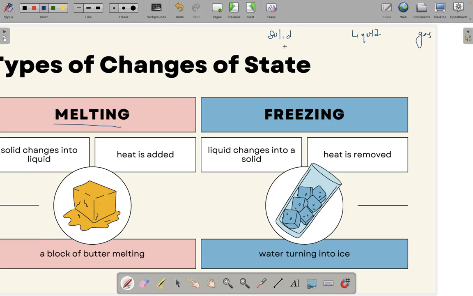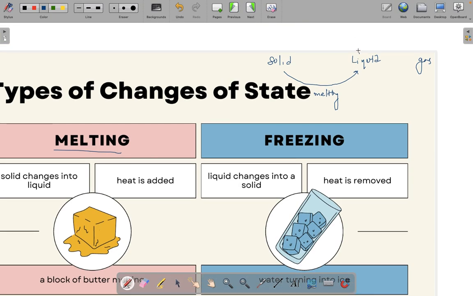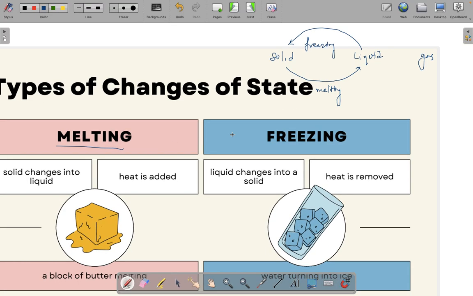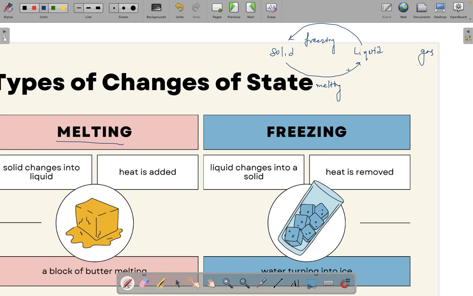Okay, so when you are converting solid to liquid, this is known as melting, right? And when you are converting liquid to solid, this is known as freezing, right? So melting is the process wherein you convert solid to liquid. For example, if you have ice, you can melt it to form liquid.